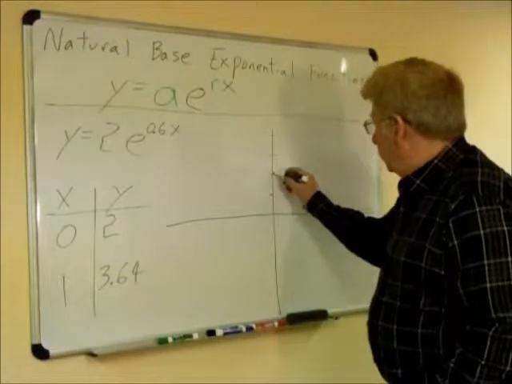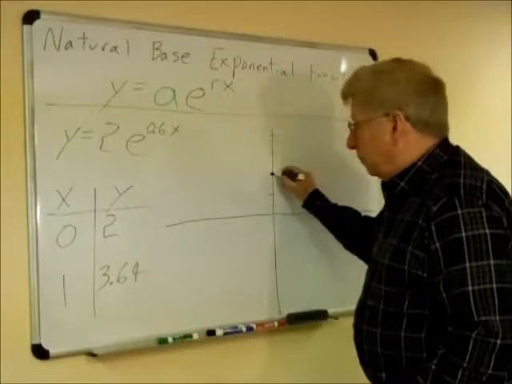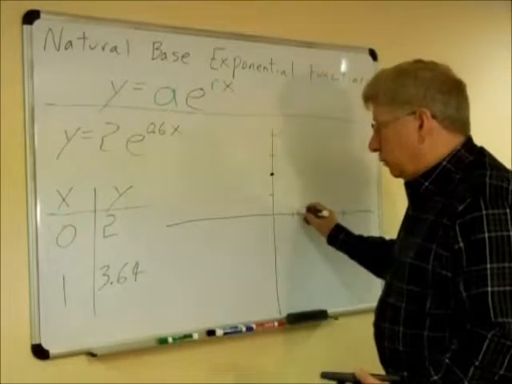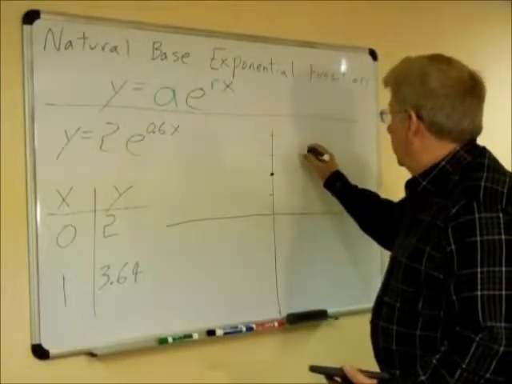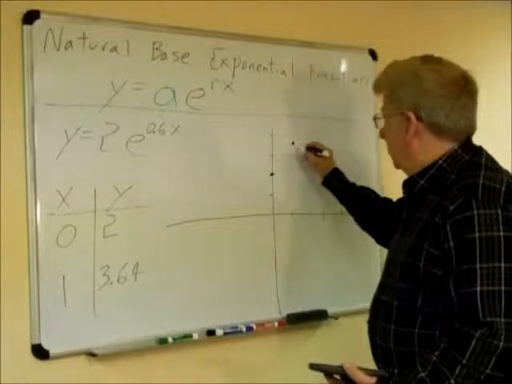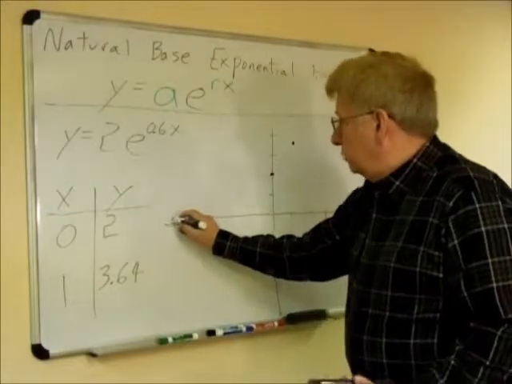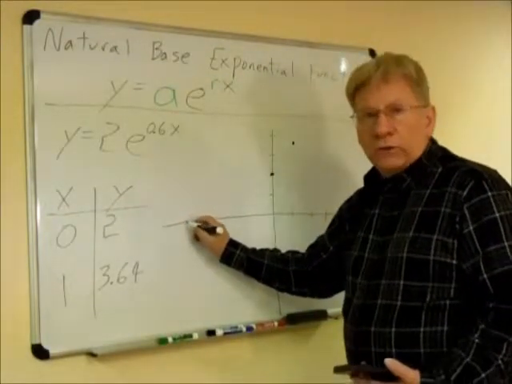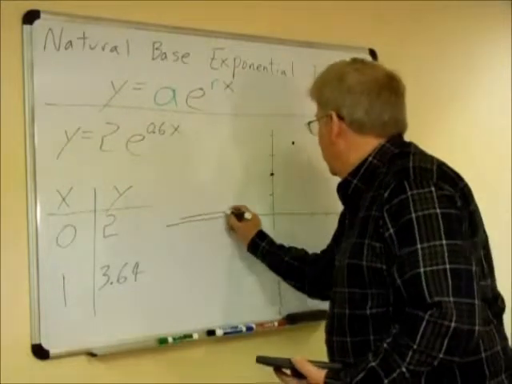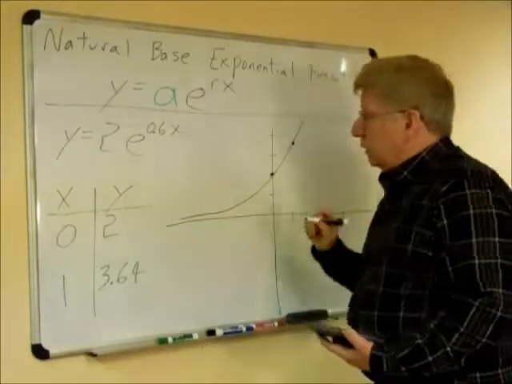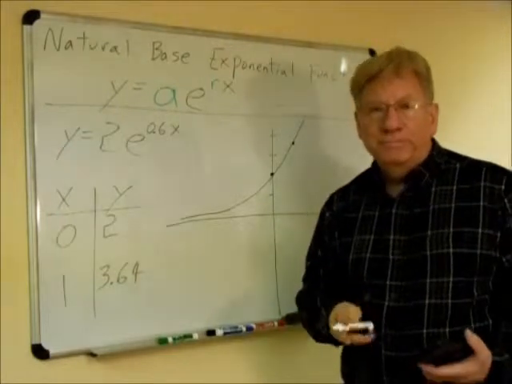So 0 and 2 would put us here, and 1 and 3.64 would put us about there. And our asymptote would be the x-axis where y equals 0. So it looks like that. There's our graph.